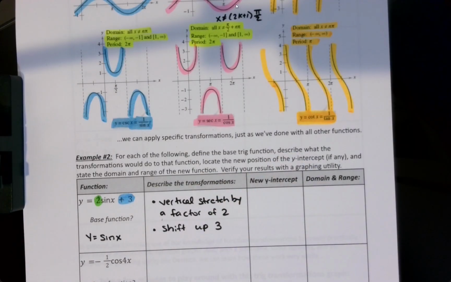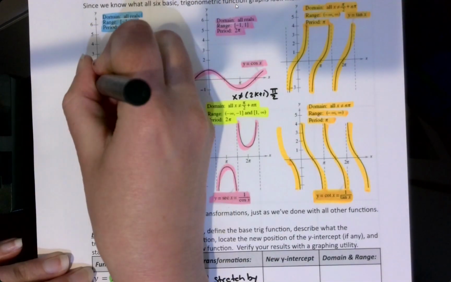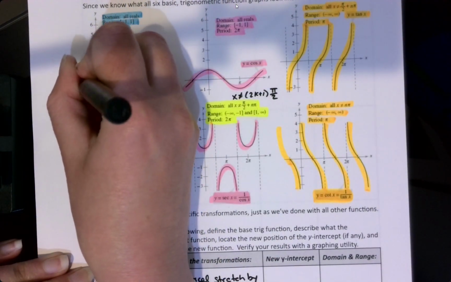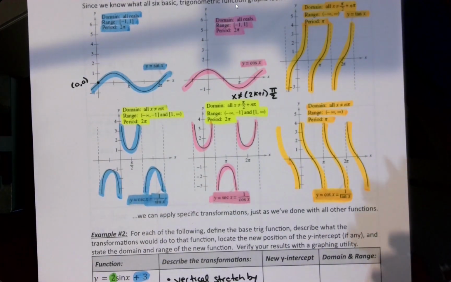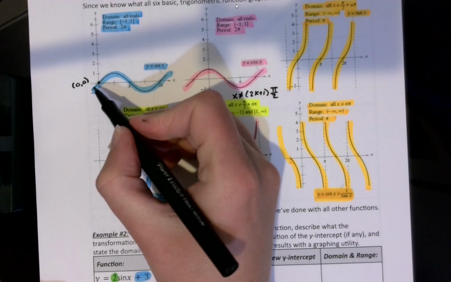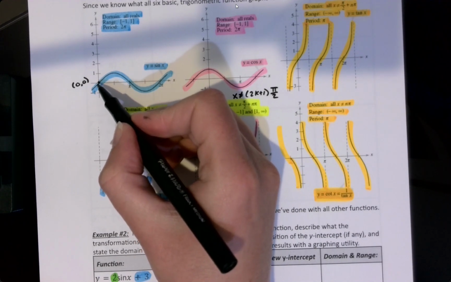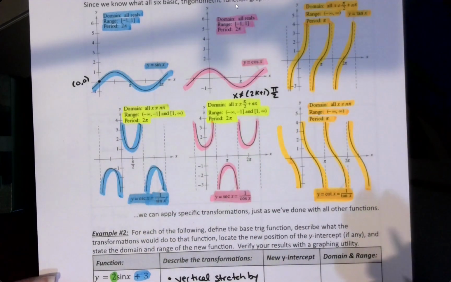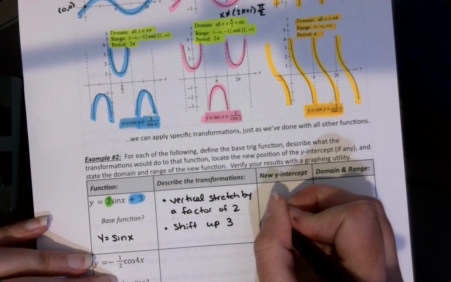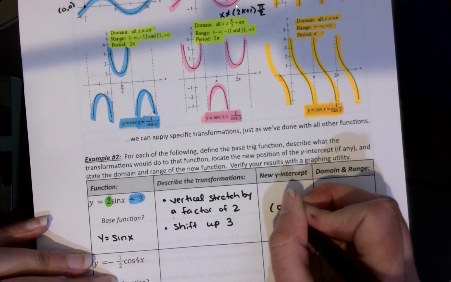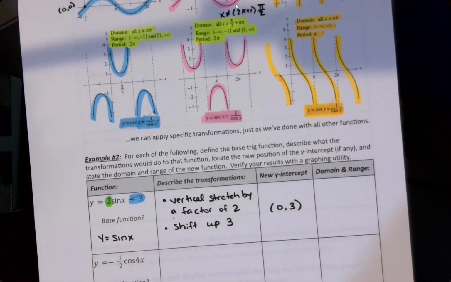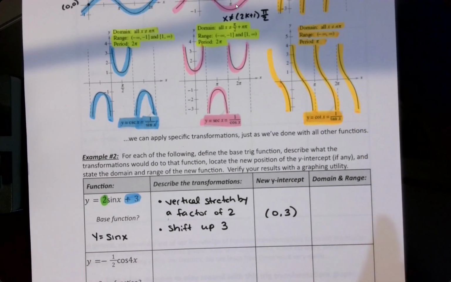All right, so the original y-intercept for the sine function would have been at 0, 0. If I stretch that by a factor of 2, 2 times 0 is still 0. That stretch wouldn't change where the y-intercept is, but the shift up 3 is going to change it. So the new y-intercept is going to be at 0, 3. Okay, so that's going to be from our up 3.